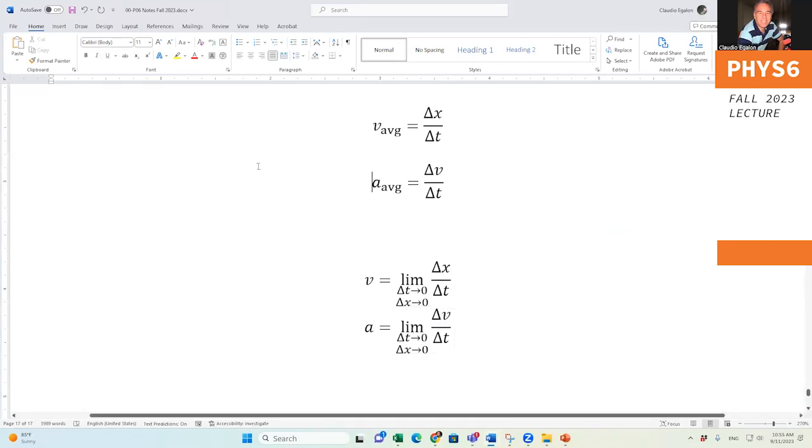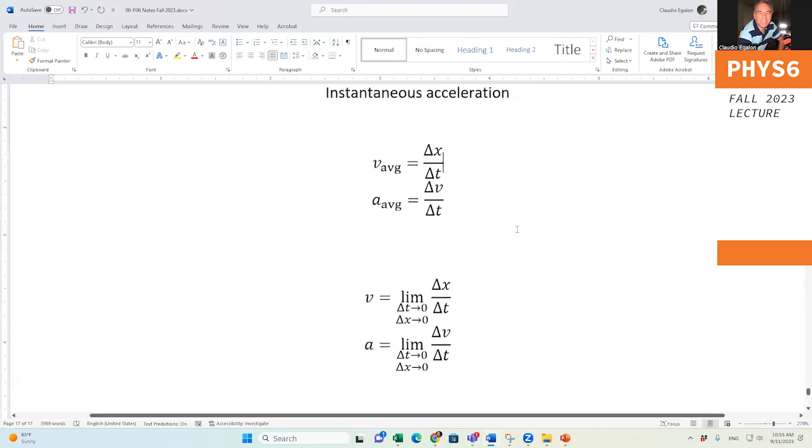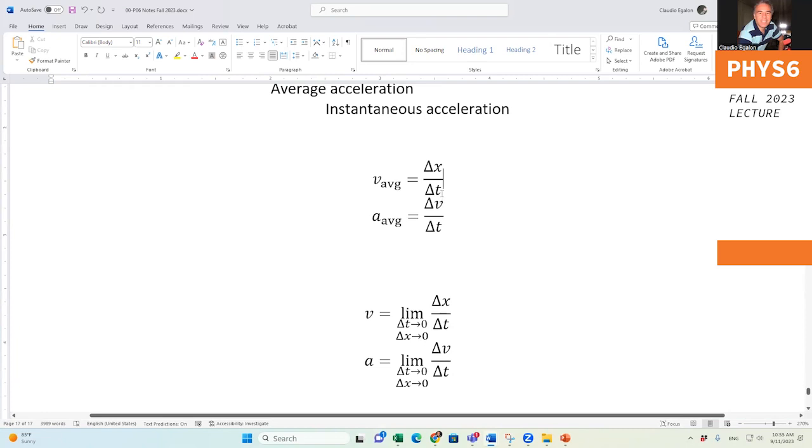Like that. XVA, right? Position, velocity, acceleration. That's how it goes. XVA.